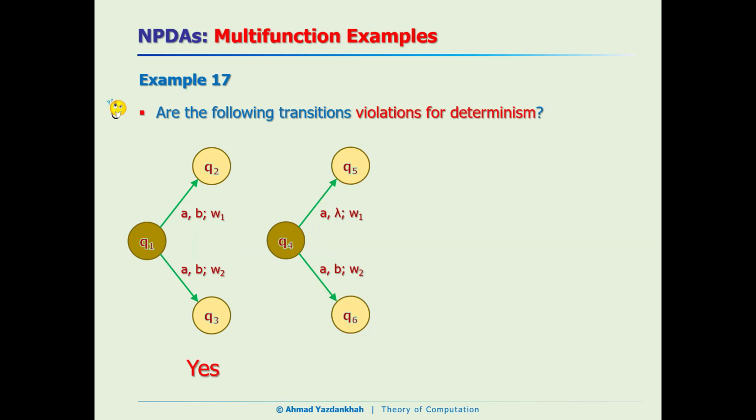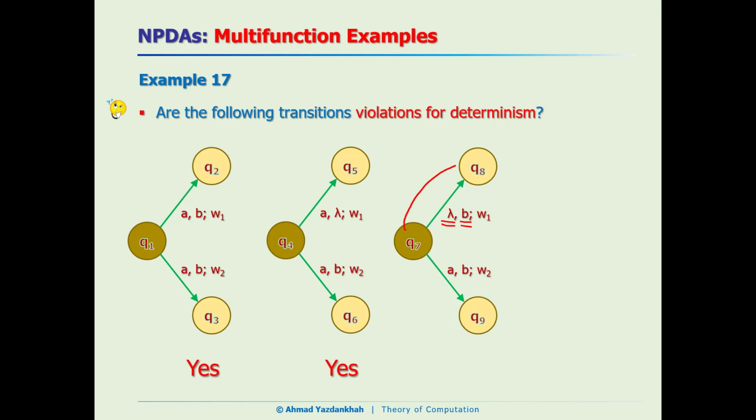We have more examples. Look at this one. Here we are saying don't care about the input symbol, just check the top of the stack. If it is B, move to Q8 and push W1.